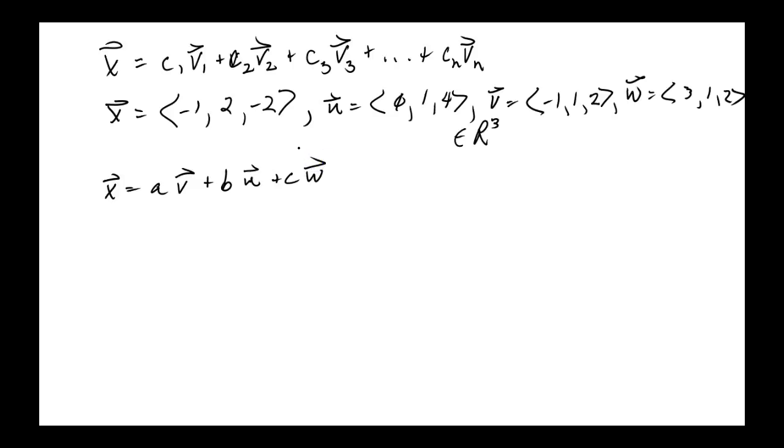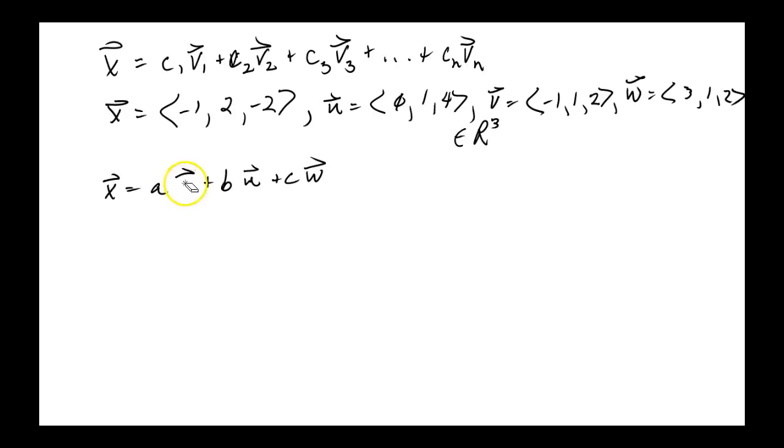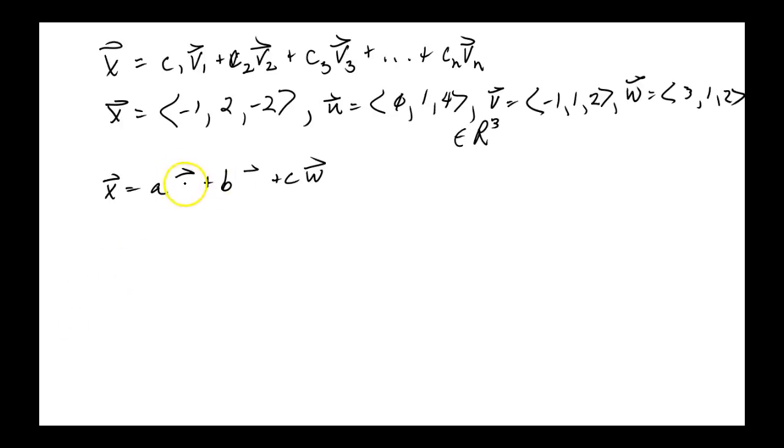Did I get it wrong? You got your u and your v mixed up. Oh, okay. We'll have u here. We did u first and v second, and then w. Plug in our vectors first.